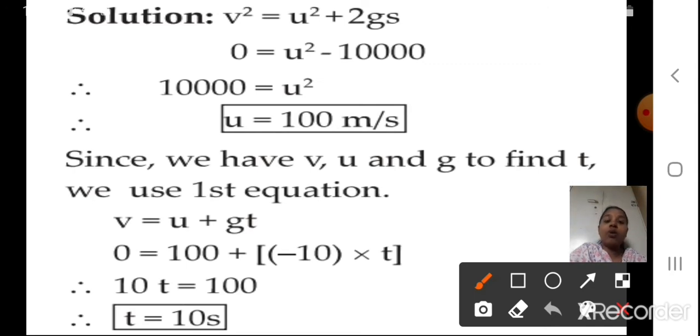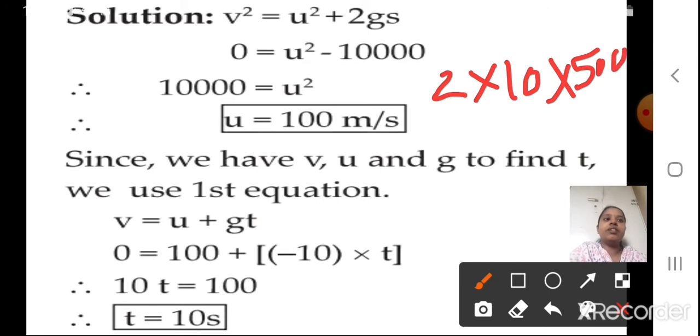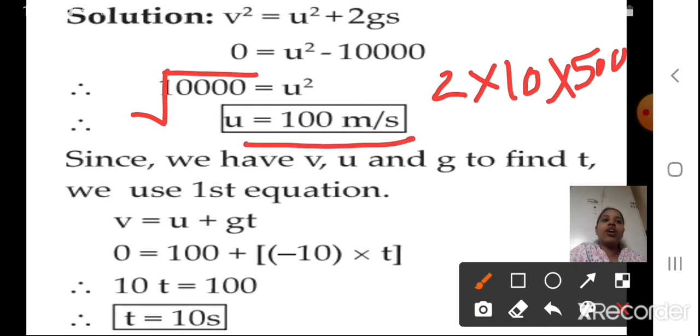Now how did this 10,000 come, students? You have 2 into, what was the g value? 10, into 500. Yes, so you have got that. So u squared is 10,000, so it will become the root of it. What is the u value you have got? 100 meters per second.